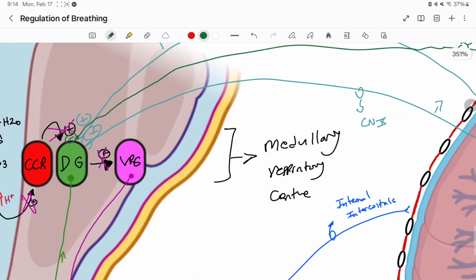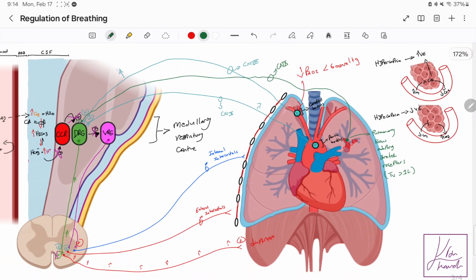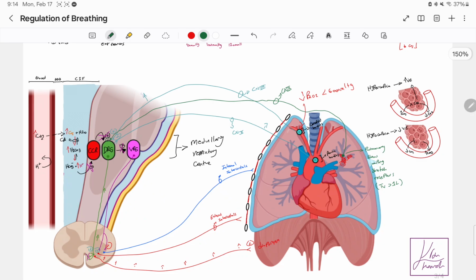We don't need to inspire anymore, because guess what? The lung is overinflated. I'm going to inhibit you so that you can't send action potentials down to these motor neurons to activate the inspiratory muscles, which will cause an expiration. And if we're exercising, it'll actually inhibit the VRG signal as well, and activate the expiratory neurons of the VRG. So that's what this kind of reflex is doing.